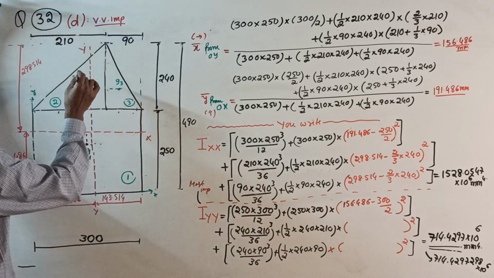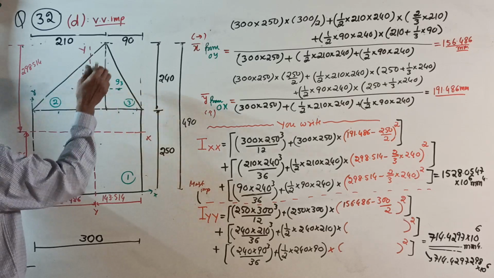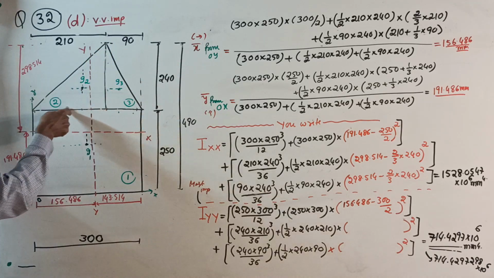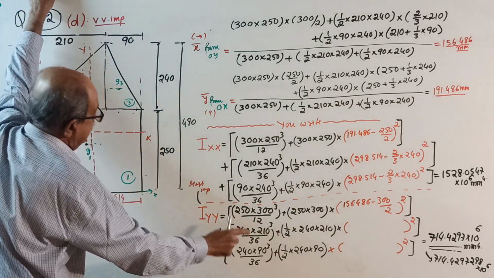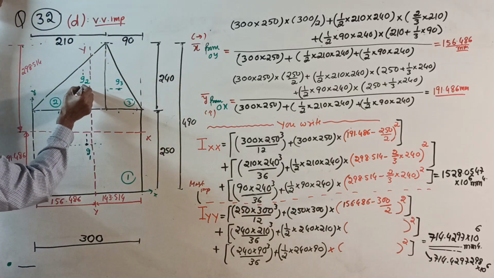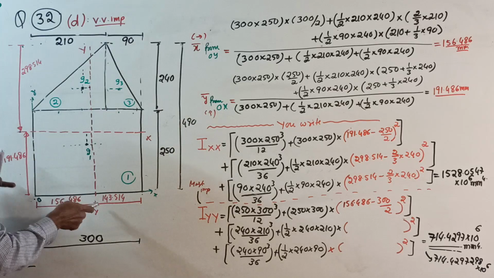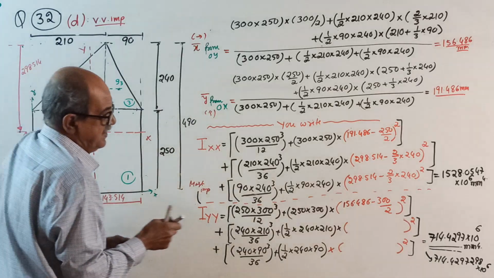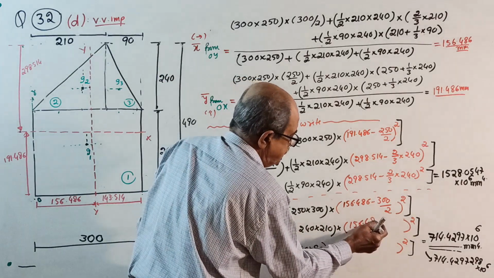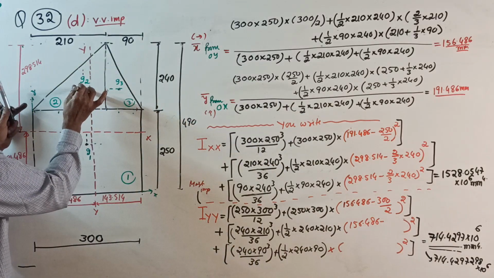Okay, come here. First, I about its own centroidal axis. Parallel side is 240. 240 into 210 cube by 36, plus area, half into 210 into 240, into, from centroid to YY, this distance square, that is 156.486 minus, we want this distance square.